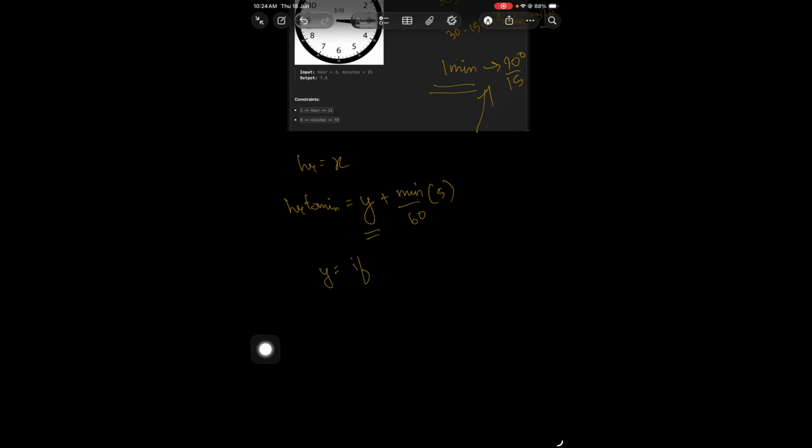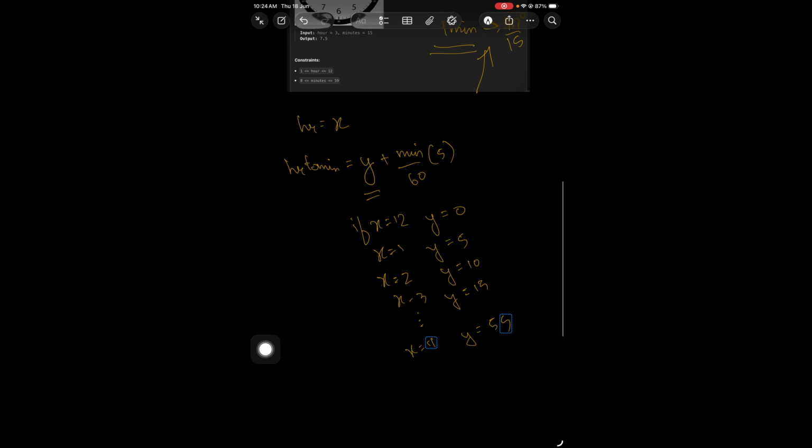If our x is 12, then y is 0. I will explain what I am writing. If x is 1, then y is 5. If x is 2, then y is 10. If x is 3, then y is 15. And so on. If x is 11, y is 55.